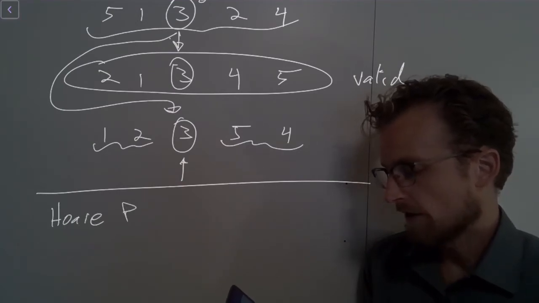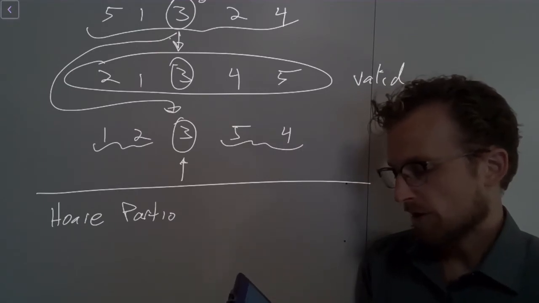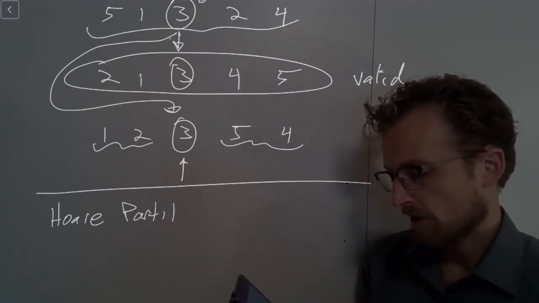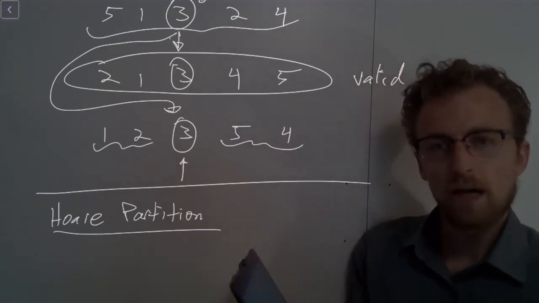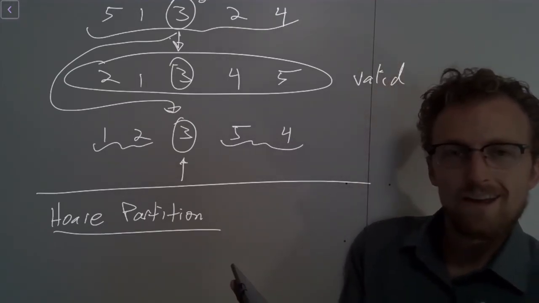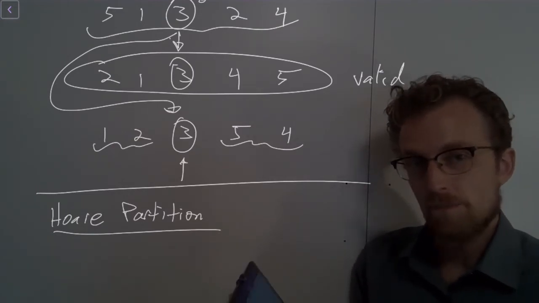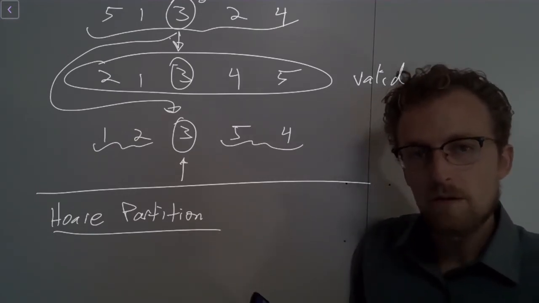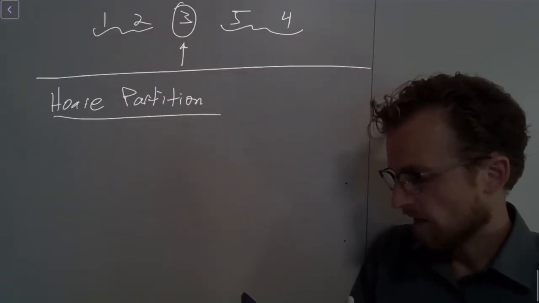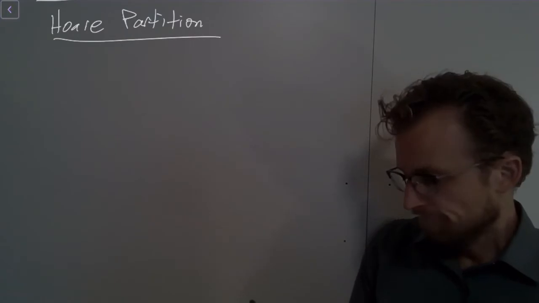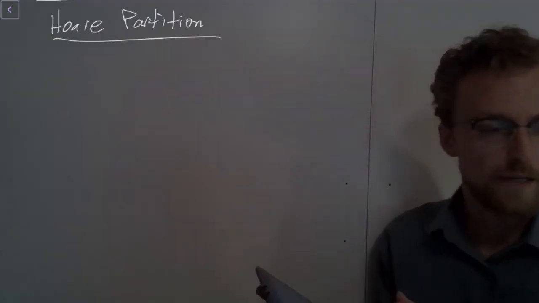One thing we have to be really careful about with these partition functions is not confusing the value of the pivot with its location. The location of the pivot may change throughout the operation of the partition algorithm, but its value is going to be the same for one particular pass.